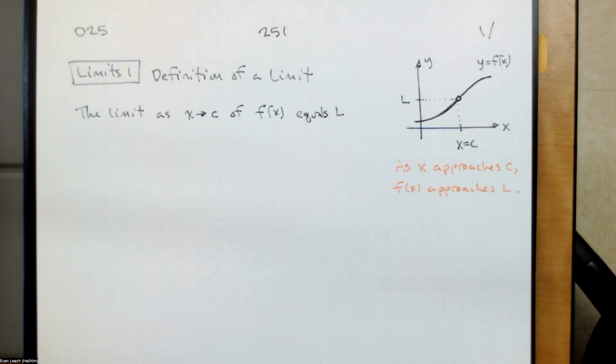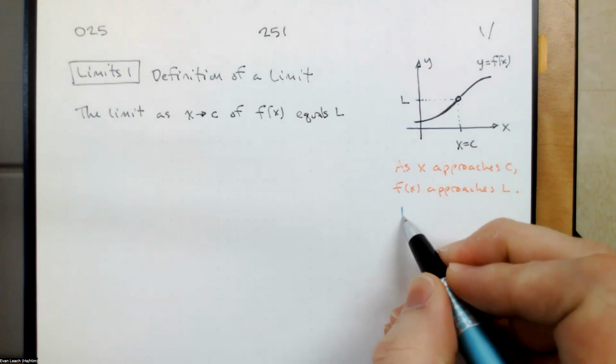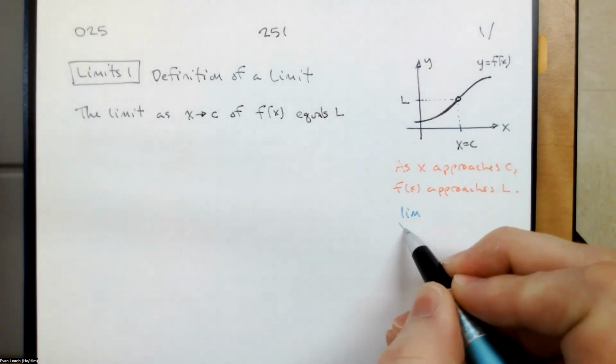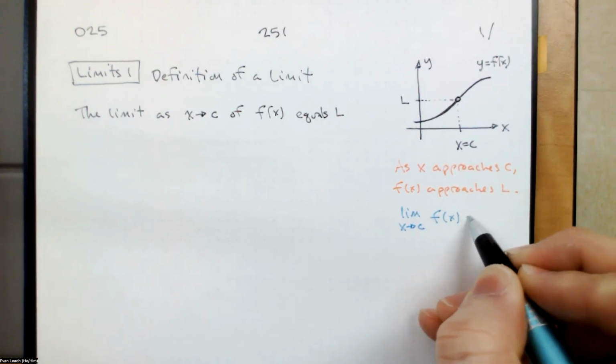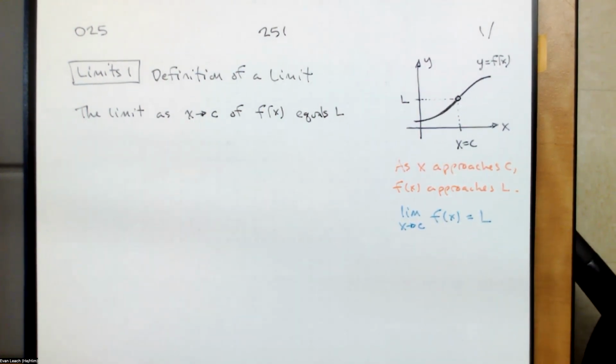Our notation for this will be the limit as x approaches c of f of x is L. That's our notation for what is going on.